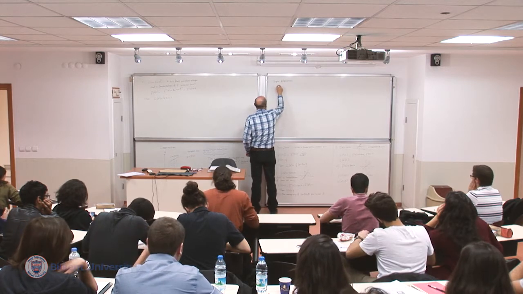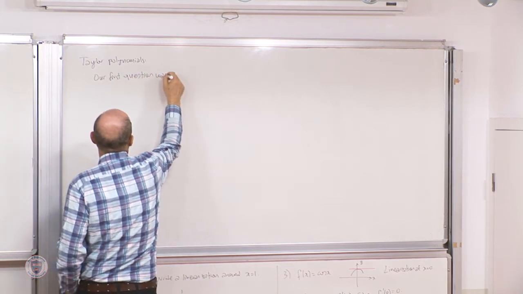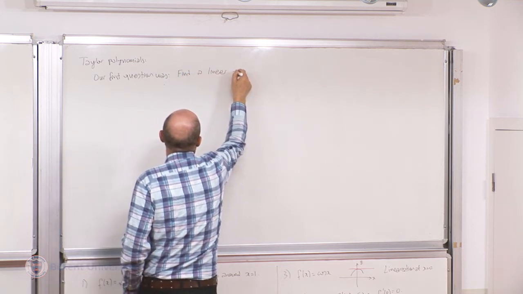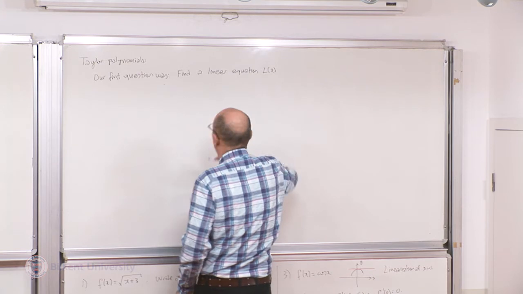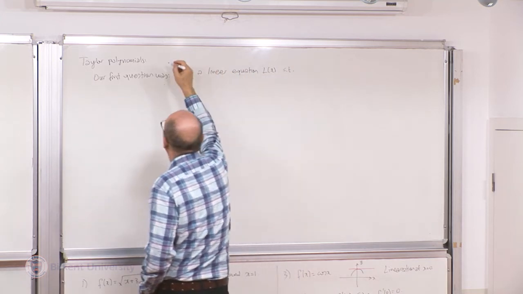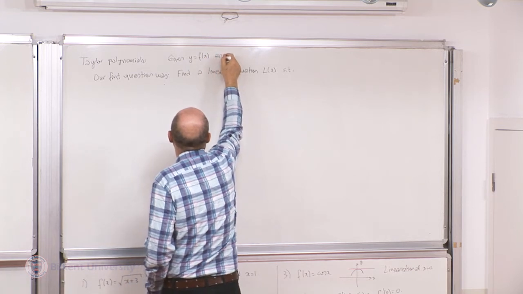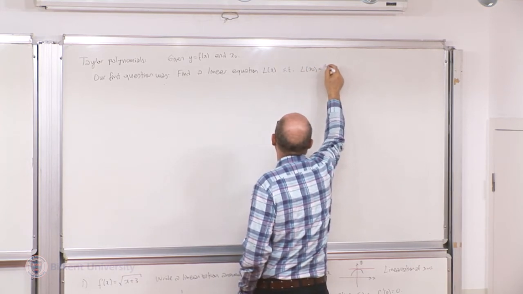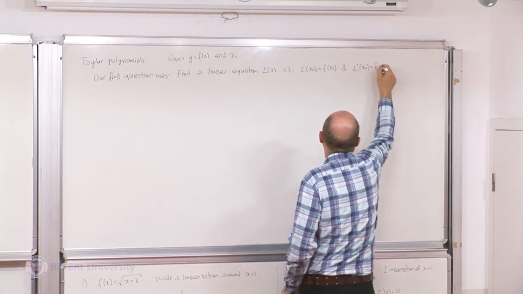Okay, so our first question was the following. Find a linear equation L(x), okay, now let me make it P(x), such that, given y equals f of x and x sub 0 fixed, L of x sub 0 is equal to f of x sub 0 and L prime at x sub 0 is equal to f prime of x sub 0.